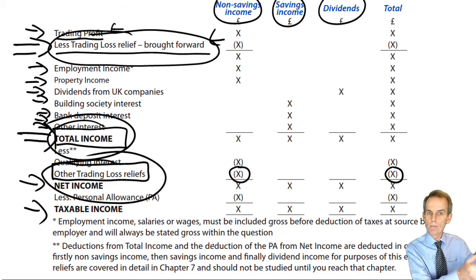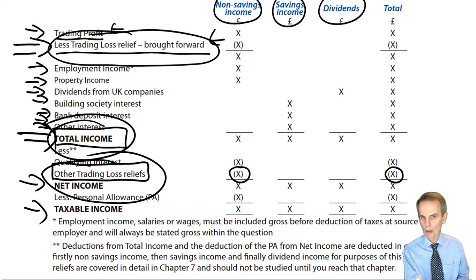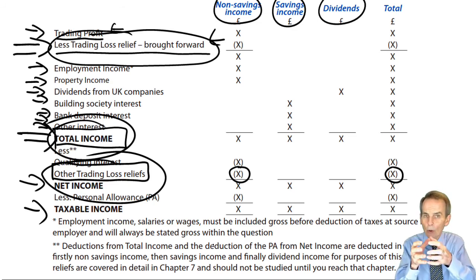We can remove some or all of that income depending on how much loss there is, how much total income there is. Remember, we can't make a partial claim, but we will set all of that loss available against all of that total income. That may remove just some of the total income, it may remove all of the total income.